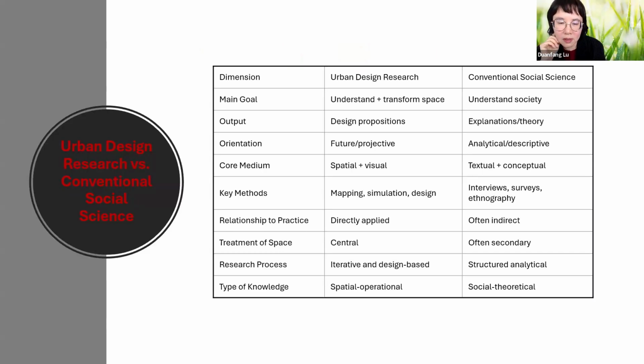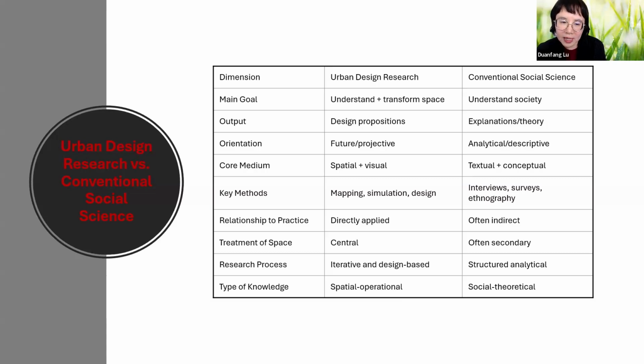So here is a summary of the differences between urban design research and conventional social science. In terms of main goal, urban design focuses on understanding and transforming space. In terms of output, you produce design propositions rather than just explanations of a phenomenon.